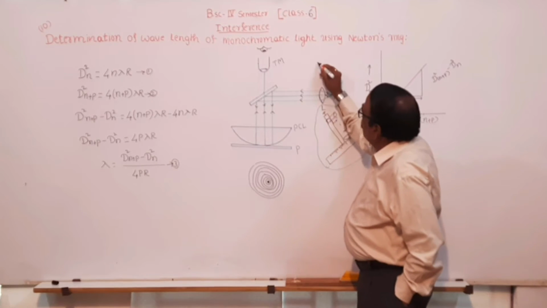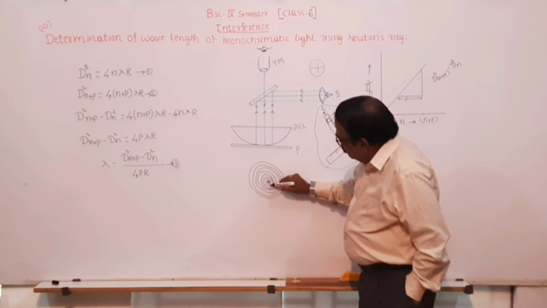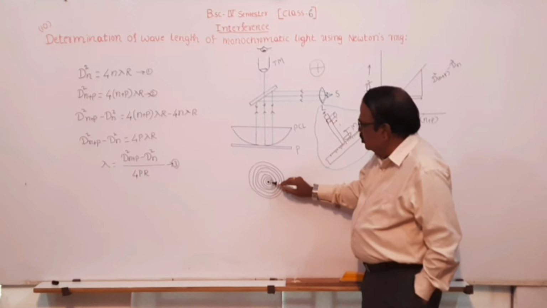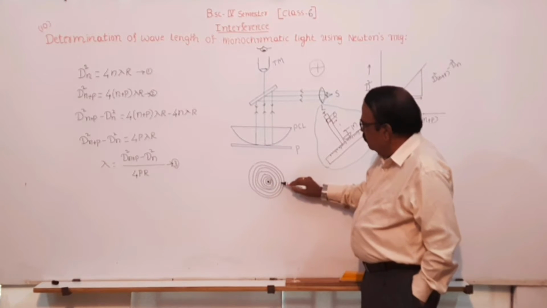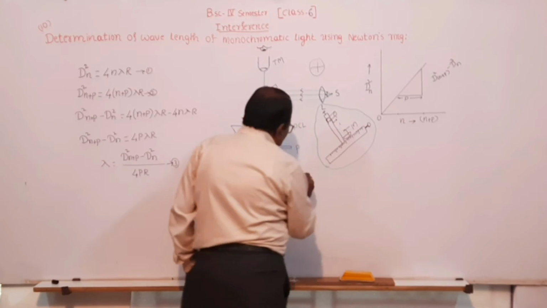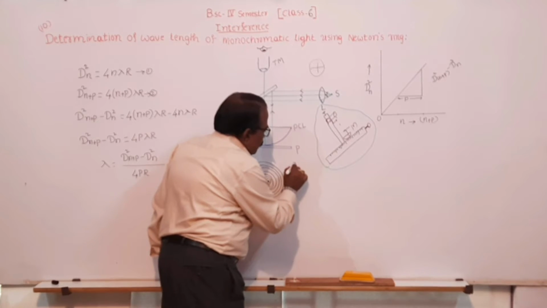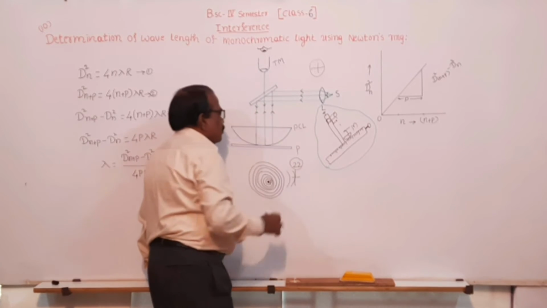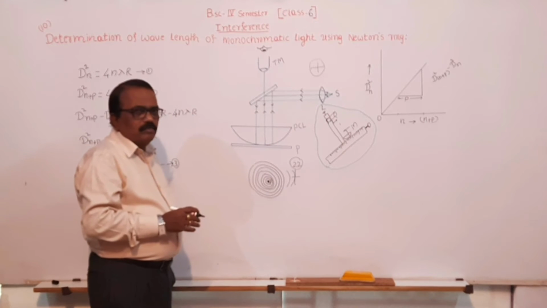Then the cross wire of this travelling microscope should be tangent to this ring. This is 1, 2, 3, 4. Like this, it has to move up to the 22nd ring on one side, say the right side.